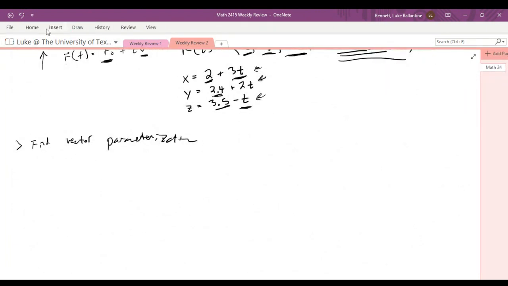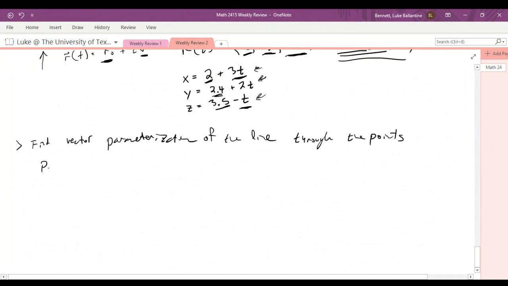So we need to find the vector parameterization of the line through the points P naught and P1.